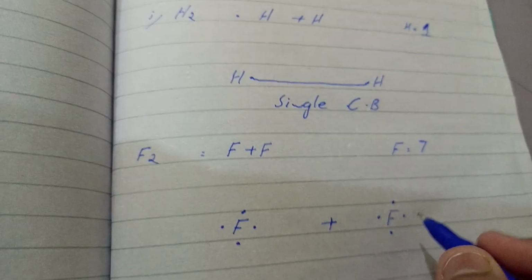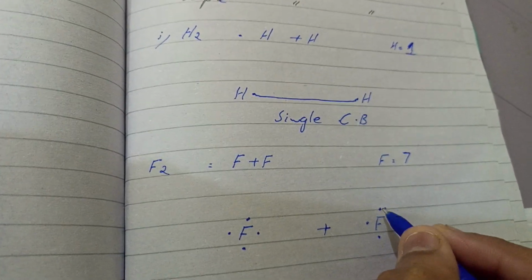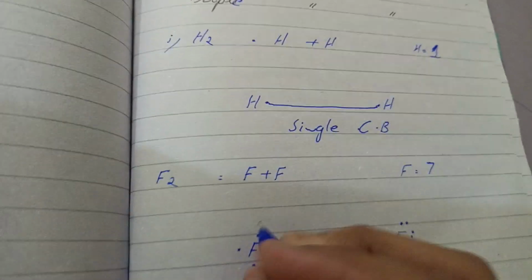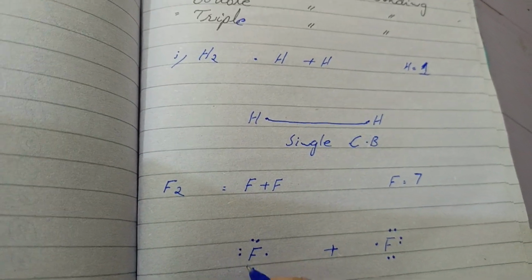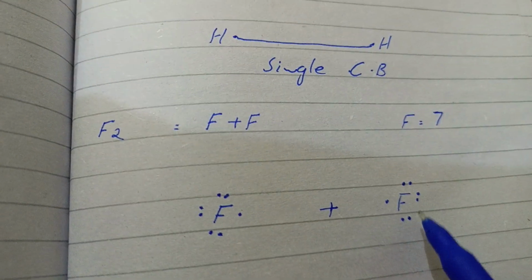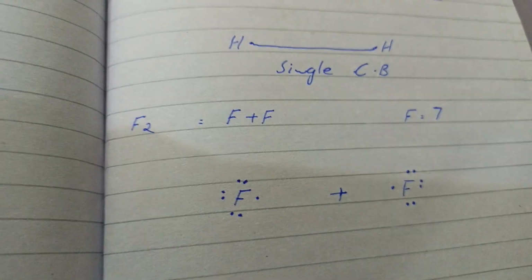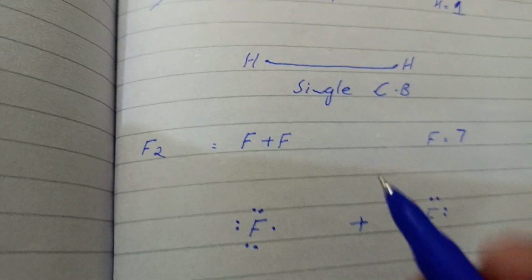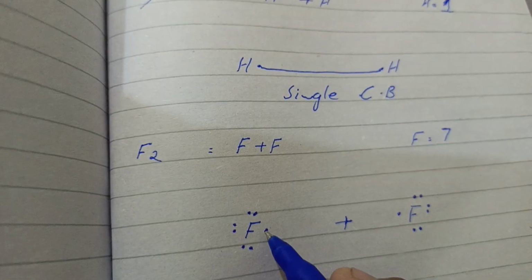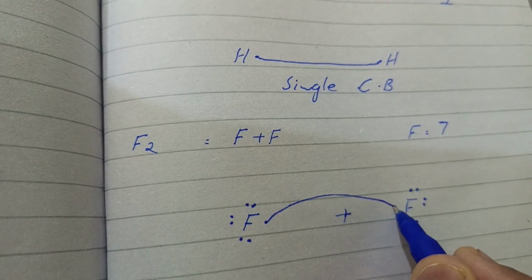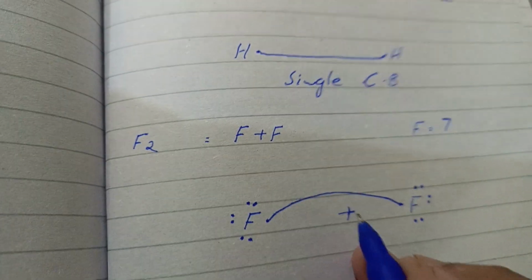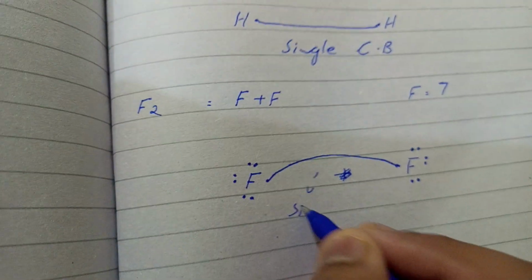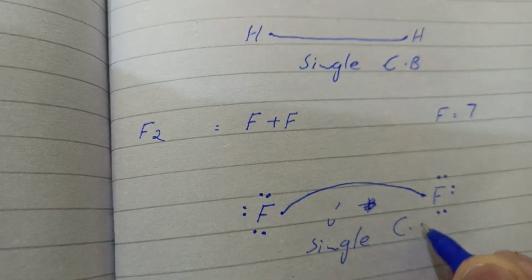Then you start pairing: 5, 6, 7. We first divide the electrons, then we start pairing, then we make a bond between this electron and this electron. So this is also called a single covalent bond.